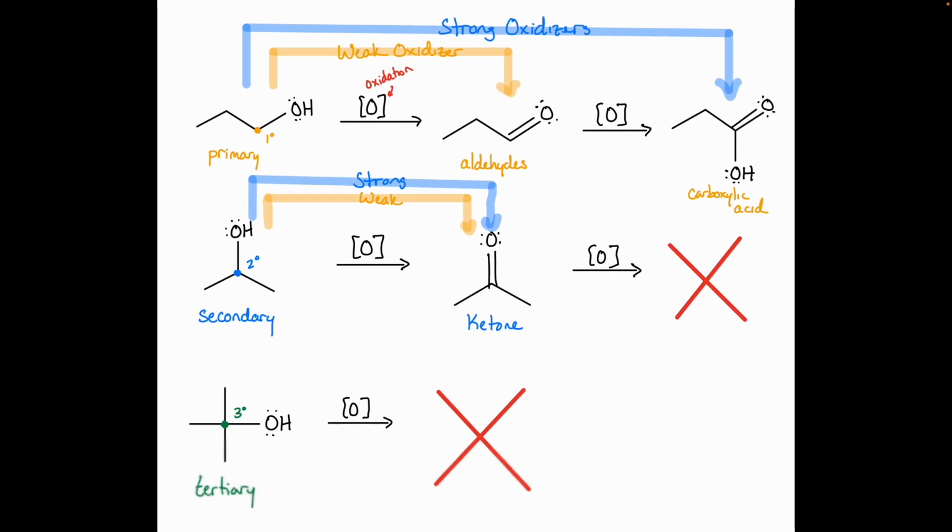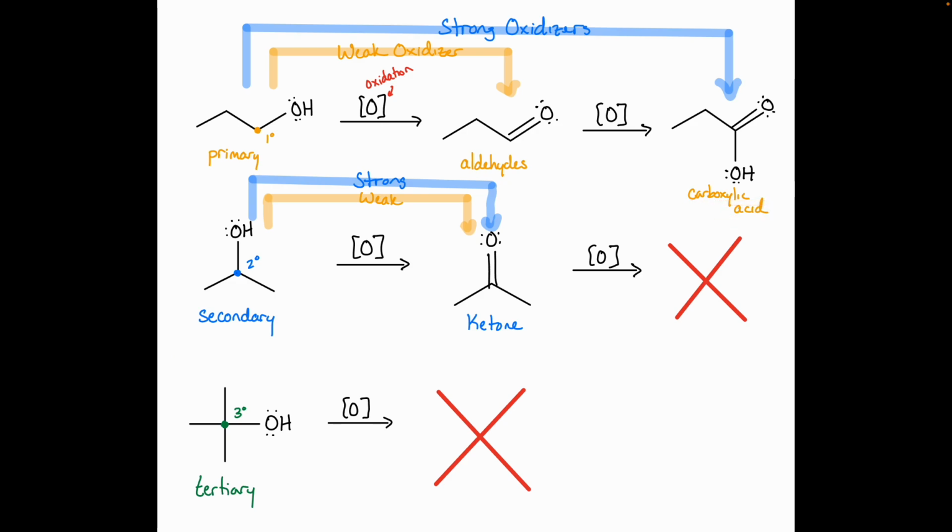And then a tertiary alcohol, doesn't matter what you do, you're not going to be able to oxidize it. Tertiary alcohols cannot be oxidized at all. So we have our strong oxidizer, which can be used to fully oxidize a primary alcohol to a carboxylic acid.